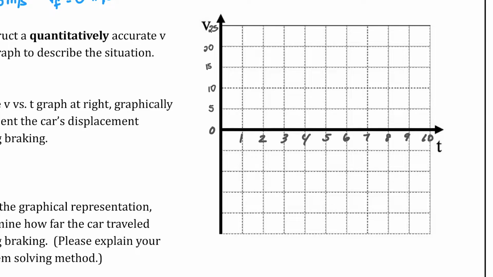Actually, I changed my mind. I would like to go up by 10s instead of 5s. So we have 25 meters per second where we started, so it's going to be the halfway point here, and we ended at 4 seconds. All right, so we have 25 to 4.